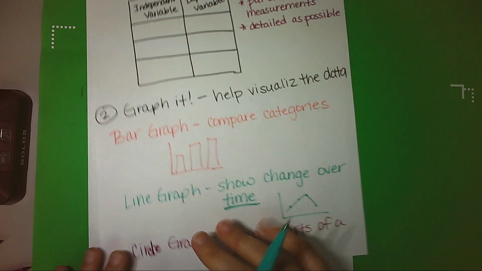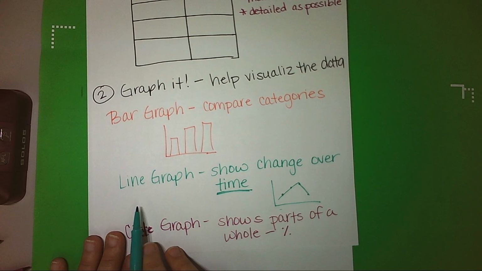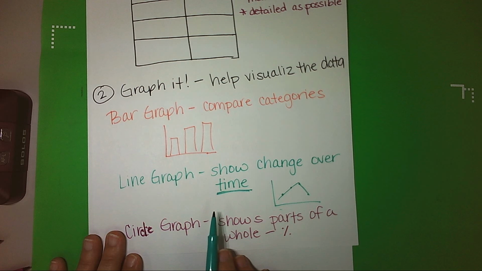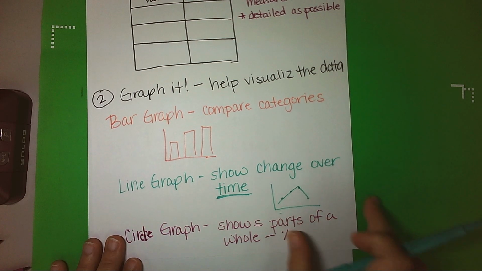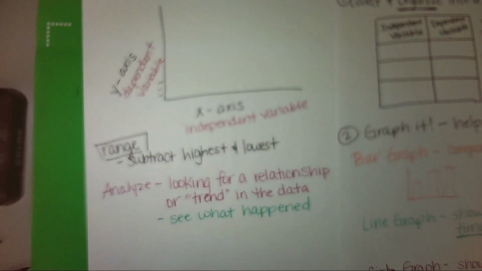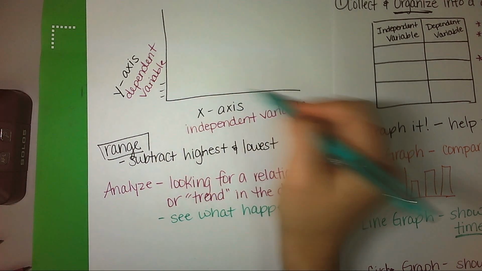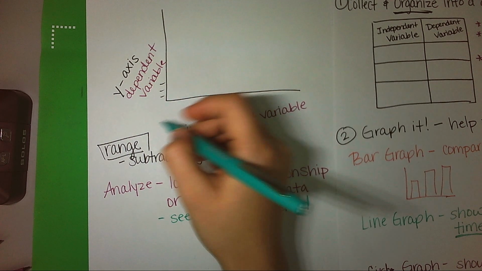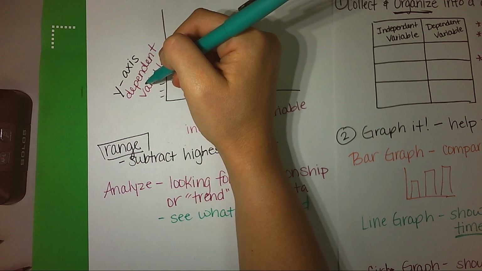Okay, so remember that there's a bar graph, and that's what we use to compare different categories. There's a line graph, and that's what we use to show change over time. And a circle graph that shows parts of a whole. So that one is if you're doing a percentage of like the whole class or the whole school. Alright, and so then when you set it up, your x-axis is going horizontal and your y-axis goes vertical.